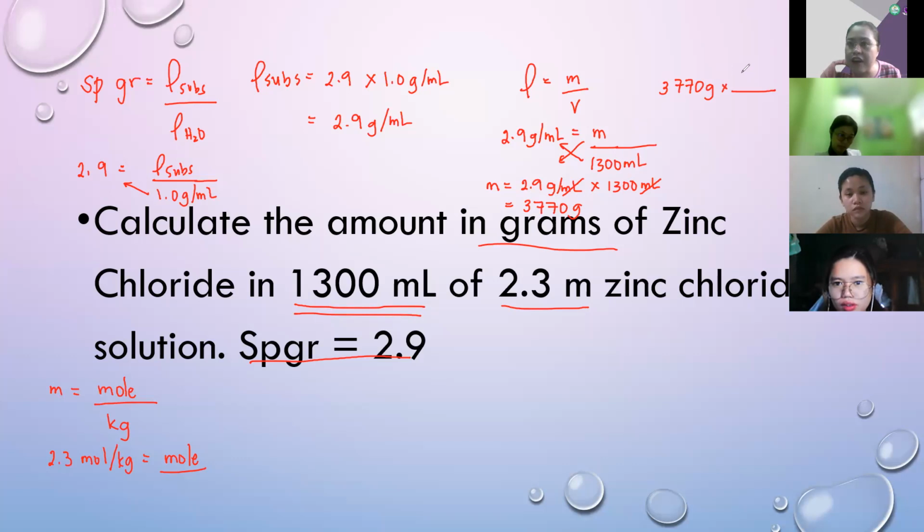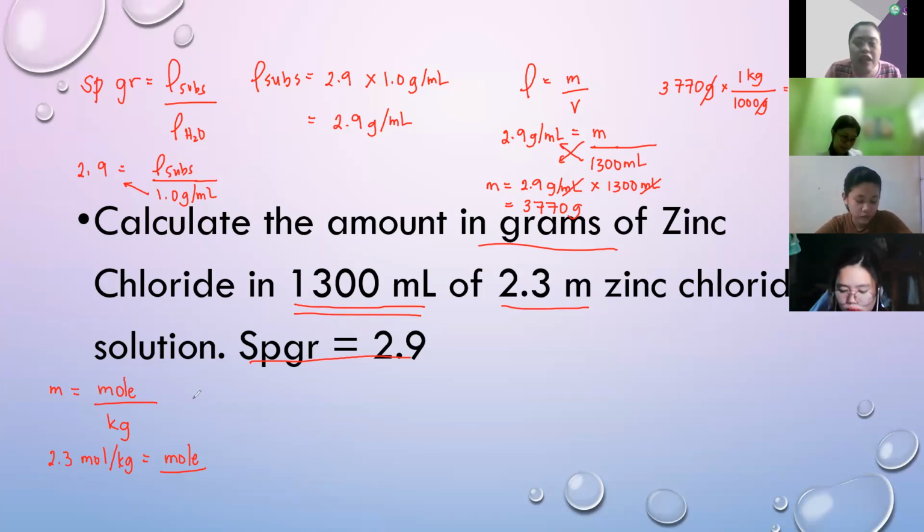Our conversion factor is in 1 kilogram, we have 1,000 grams. So it goes at the bottom so that we can cancel the unit. So 3,770 grams divided by 1,000 is 3.77 kilograms. I hope you are still following our computation.